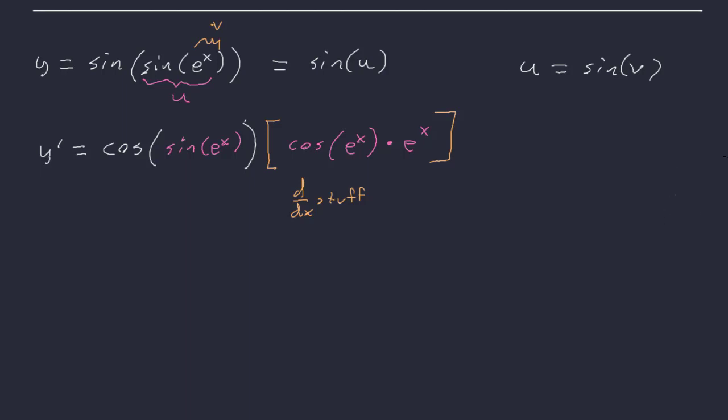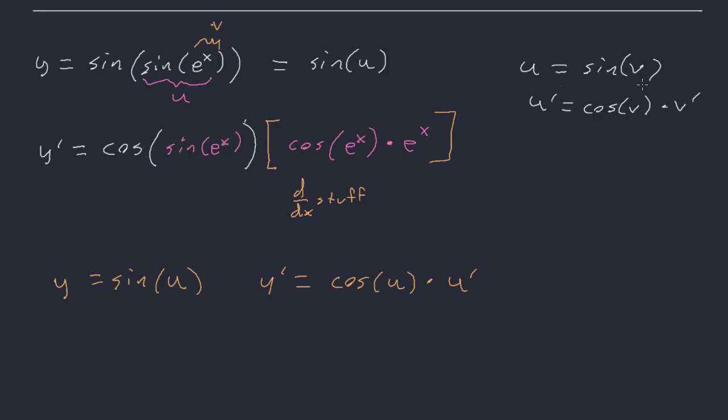Okay, so when we go through y being sine of u, y prime is going to be cosine of u times u prime. All right, then if we go up here, u prime is going to be cosine of v times v prime, using the chain rule again.